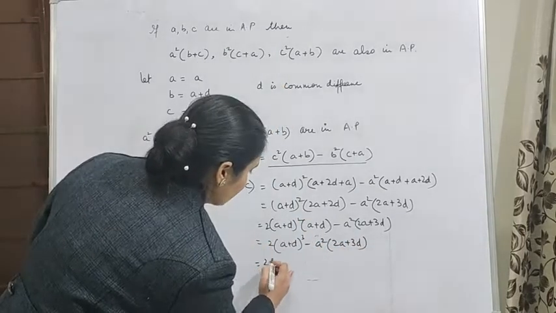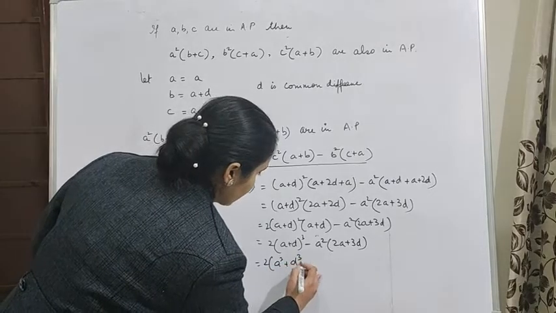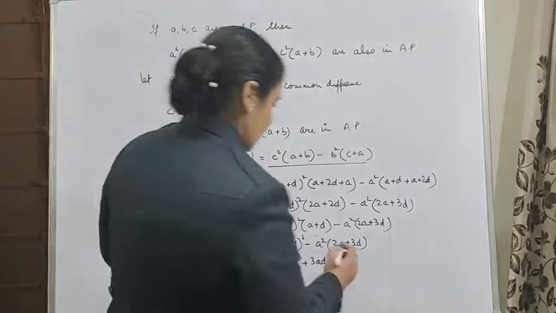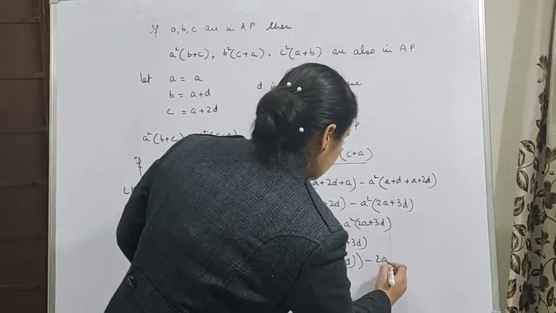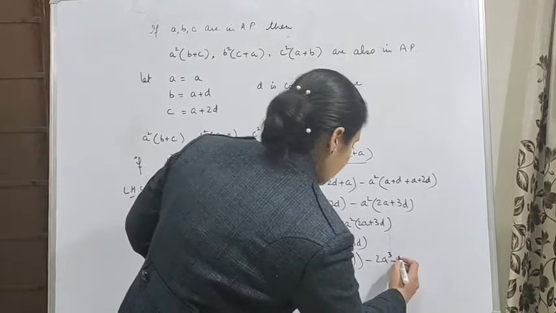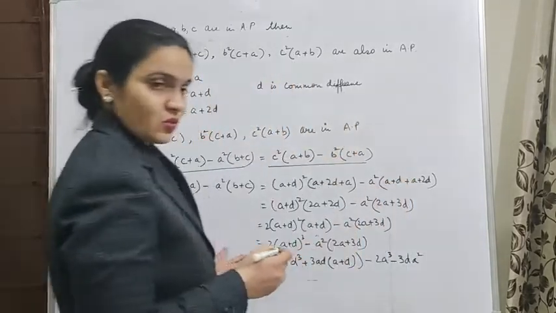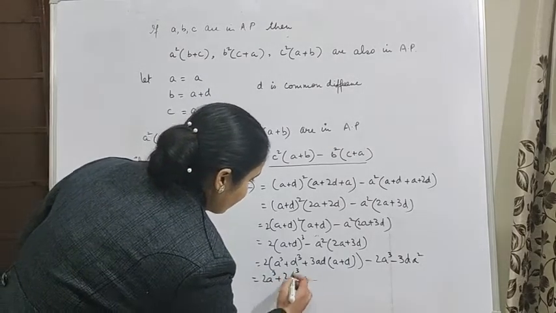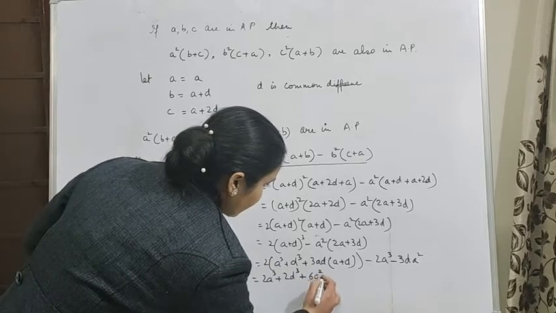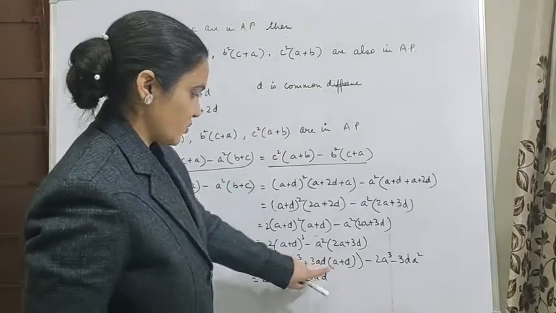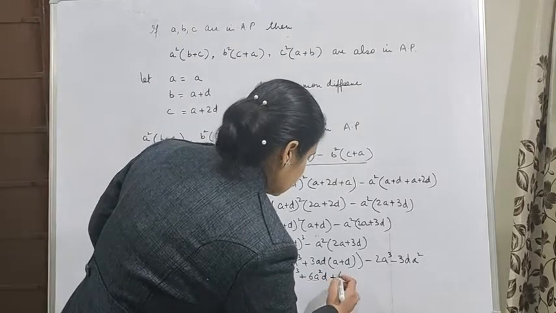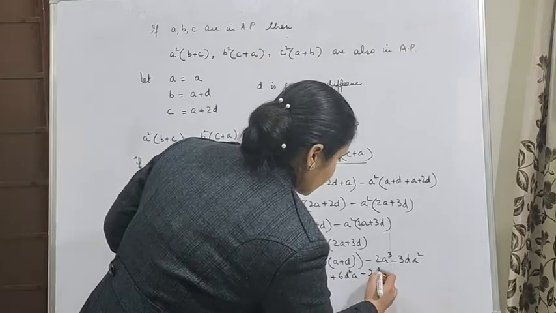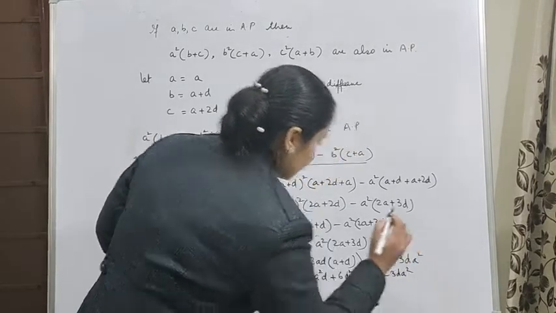So we have 2a cube plus b cube plus 3ad, a plus d, clear, minus this is 2a cube, multiply this, minus 3d a square. So we have 2a cube plus 2d cube plus 6a square d, plus 6d square a, minus 2a cube minus 3d a square.